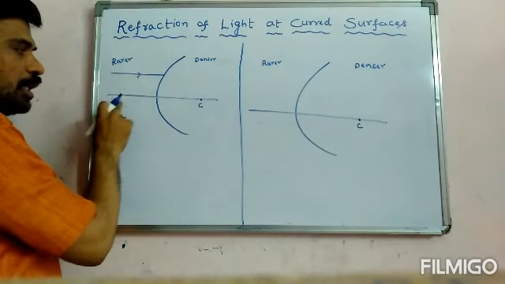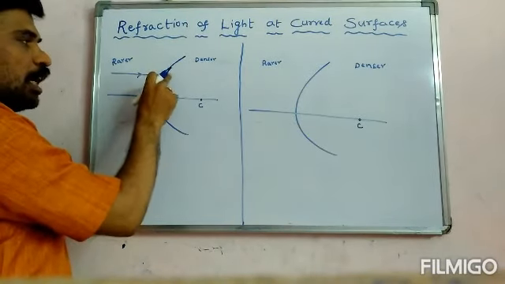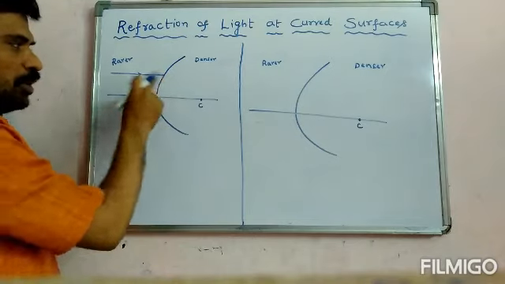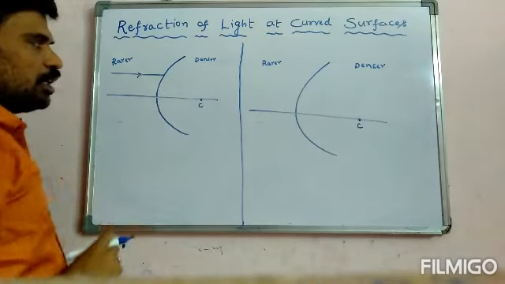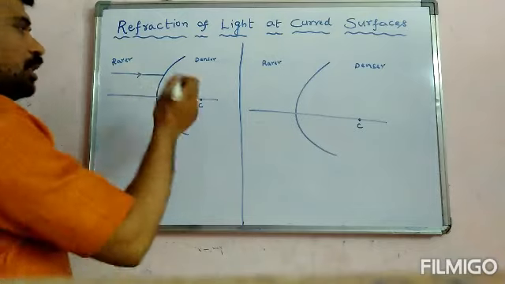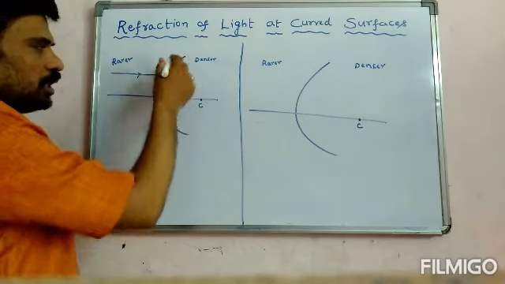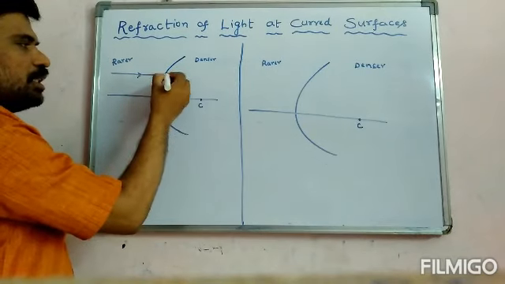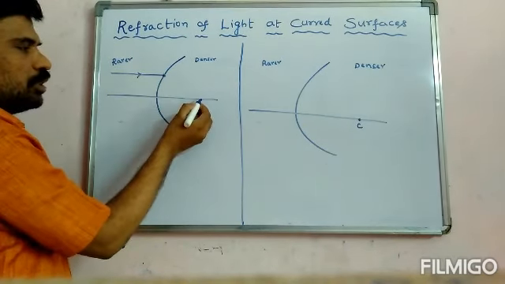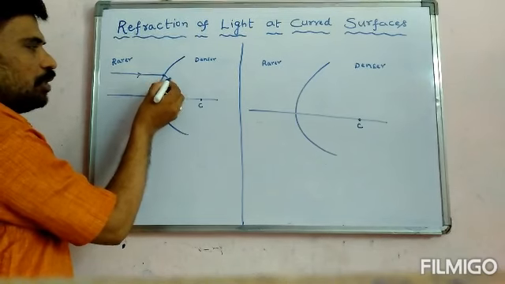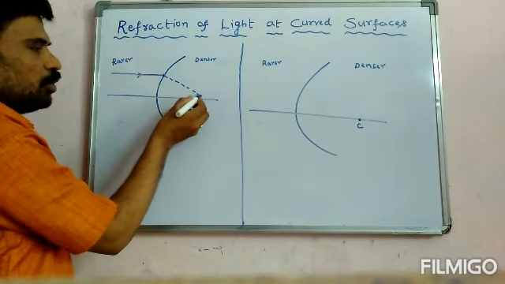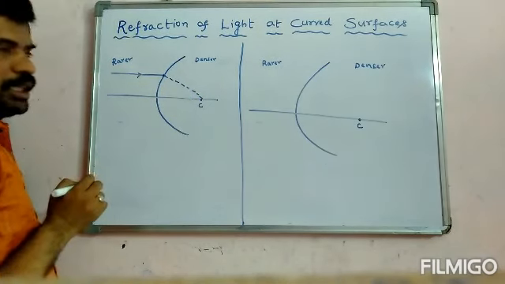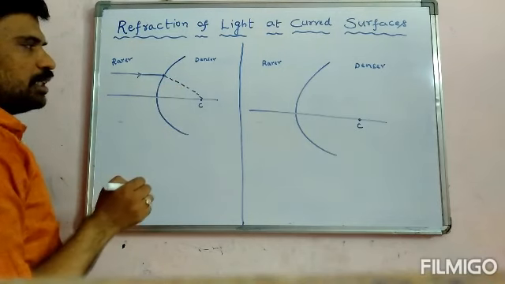Before that we should draw the normal to a curved surface. How to draw the normal at the point of incidence? From the point of incidence to the center of curvature, if you draw a line, shown here with a dotted line, this dotted line is the normal.